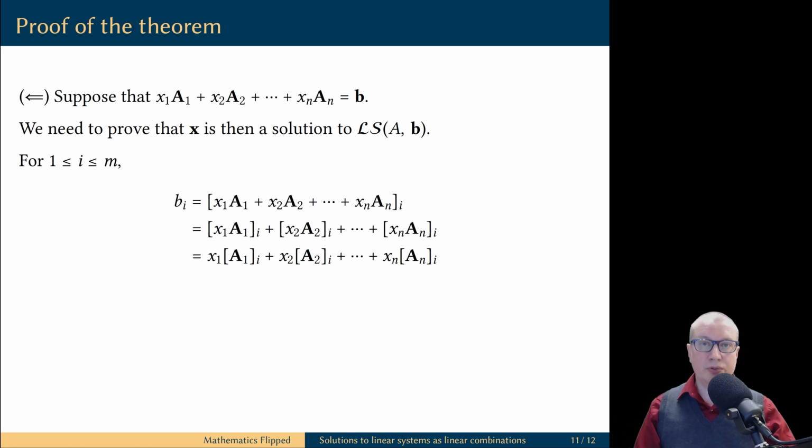Now, we are going to use the definition of the scalar multiplication to see that each of these components is the corresponding scalar multiplied by the ith component of the vector inside. Now is the time to recall our observation from the previous slide. Component i of the column vector aj is aij.